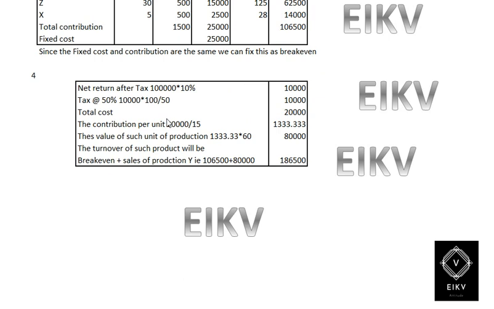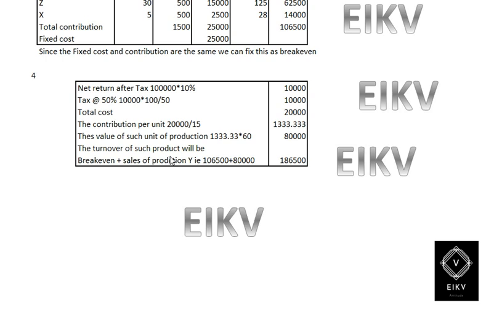Therefore the total profit after tax will be 20,000. The contribution per unit will be 20,000 divided by 15, that is 1,333 units. The value of such units of production will be 1,333.33 into 60, that is 80,000.